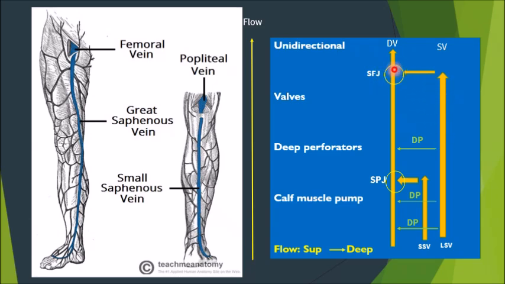If on the other hand the veins fill up rapidly from below coming upwards, then you know the deep perforators are incompetent. So always remember, flow is from superficial to deep. If there is significant flow from the deep to the superficial, that means there is incompetence at the SF junction, SP junction, or the deep perforators.